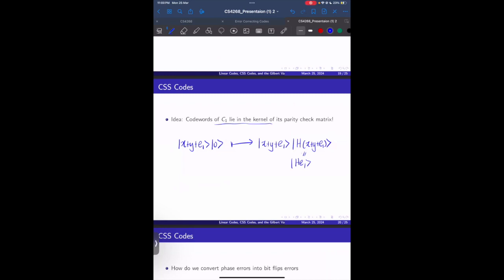So what we can do is, and I won't go into detail on how to construct the circuit for this, but we can use a bunch of CNOT gates to compute the above transformation, right?